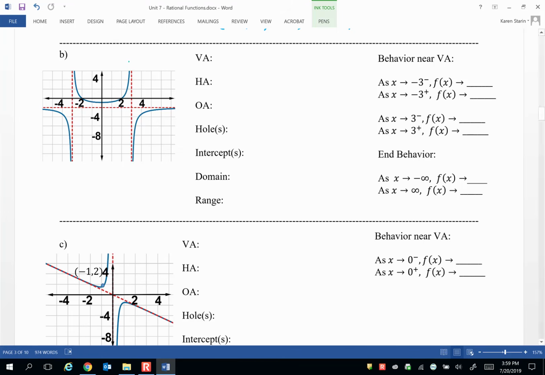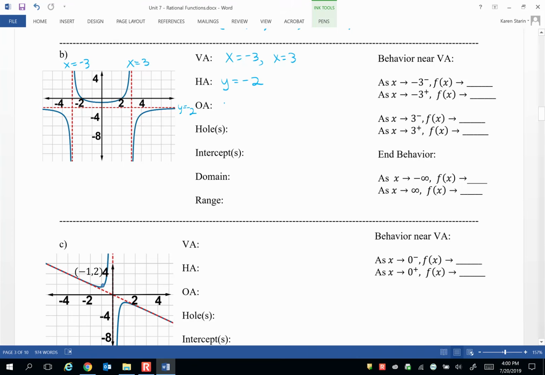I see a vertical asymptote here of x equals positive 3 and one here, x equals negative 3. So we have two. X equals negative 3, x equals positive 3. We have one horizontal asymptote at y equals negative 2, so y equals negative 2.